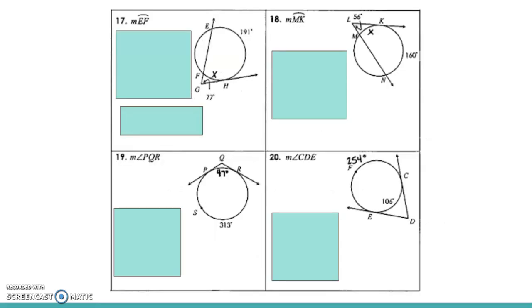Looking at a couple more exterior intersection problems. Number 17, we're finding the arc of EF now. Before we can find the arc of EF, I do need to figure out the arc of FH. In order to find the arc of FH, I can call that X, and I can use the angle and the other arc and set up my equation.